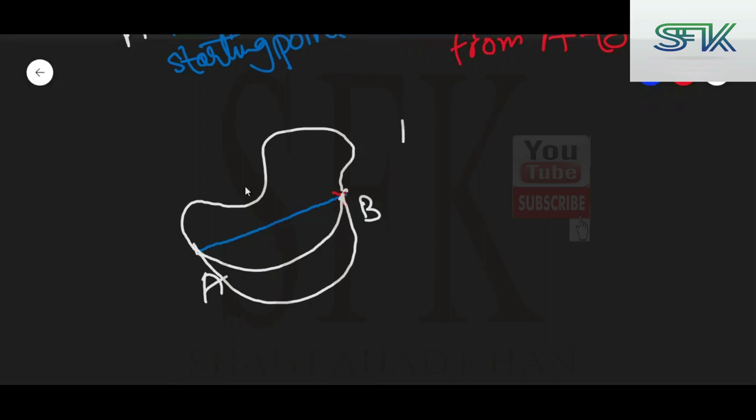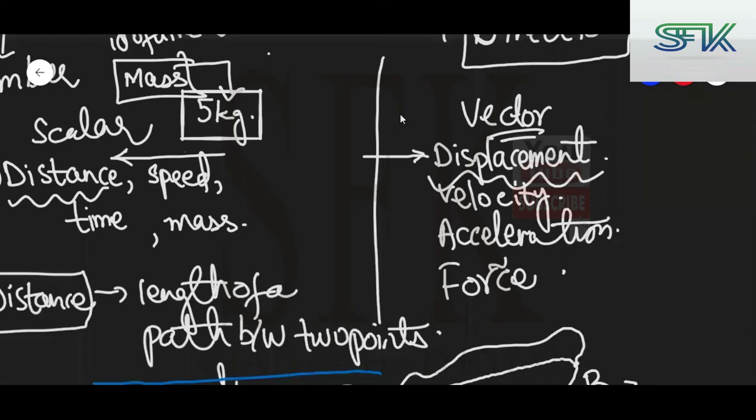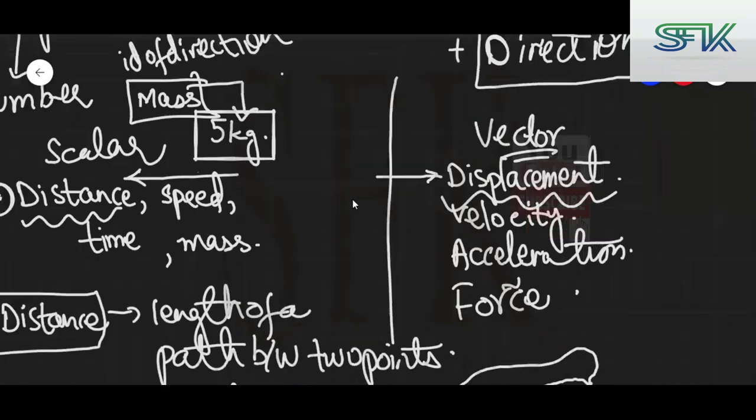It doesn't matter what direction you go. Only the starting and the ending point matters, and the path that you cover between these 2 points. All of these paths can be different values for distance, but displacement is actually the shortest possible distance between these 2 points, okay?